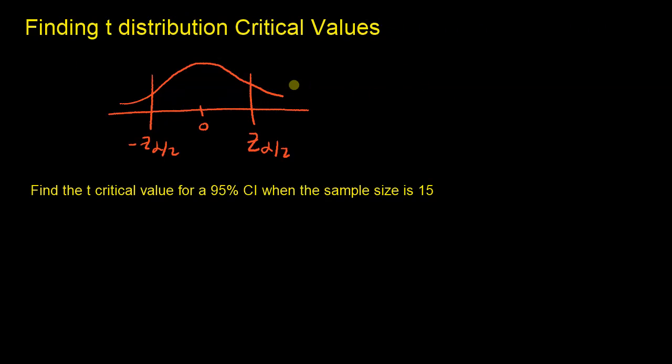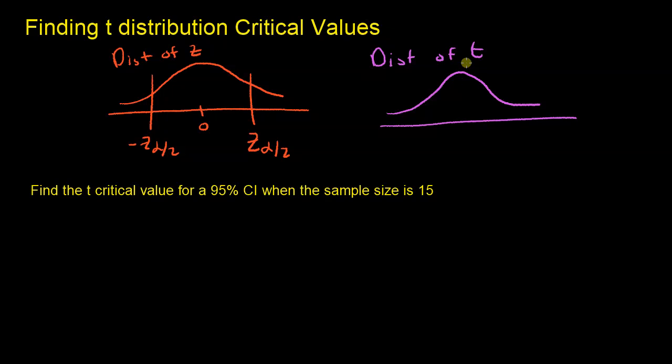Now when we're talking about the t-distribution, this used to be the distribution of z, the standard normal distribution with mean 0 and variance 1. Now we're going to change this to the distribution of t. The t-distribution is very similar to the distribution of z.